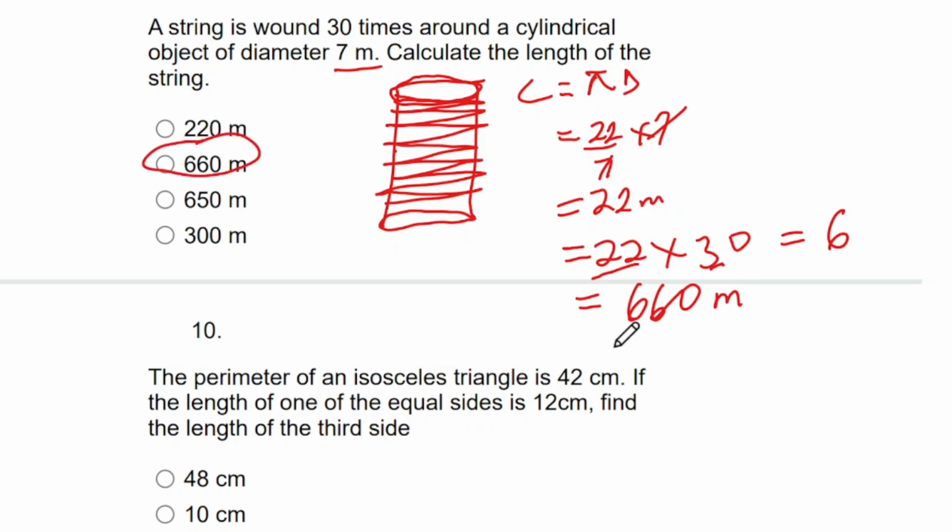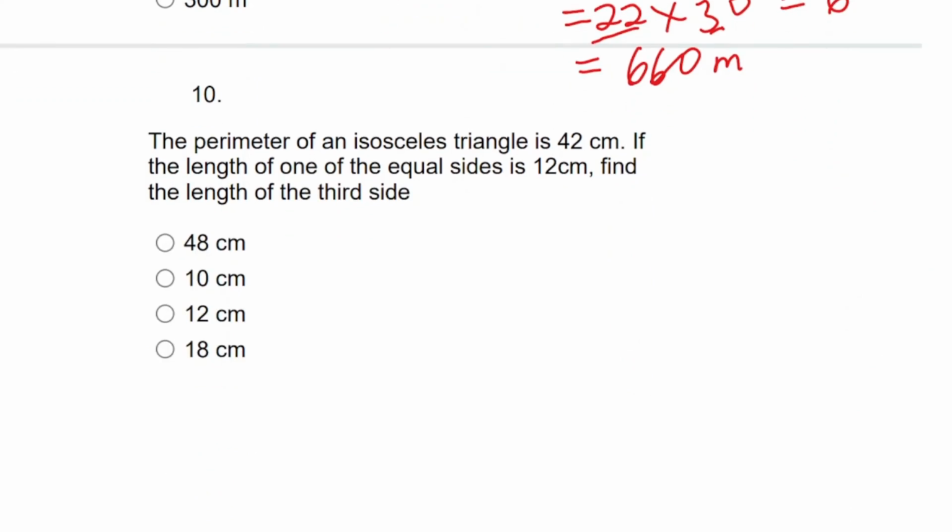Alright, so the last part here, which is question 10. Question 10: the perimeter of an isosceles triangle is 42. So the best thing is to just draw the isosceles triangle first. If the length of one of the equal sides, these are the equal sides, is 12, find the length of the other side. If this is 12, this is also 12. The length of the other side is x.